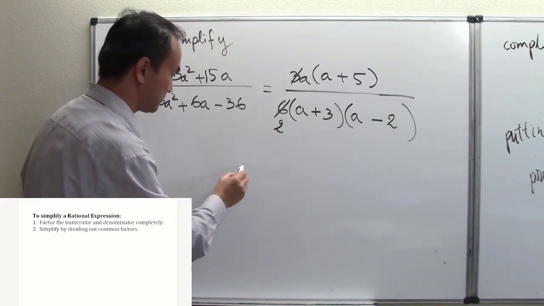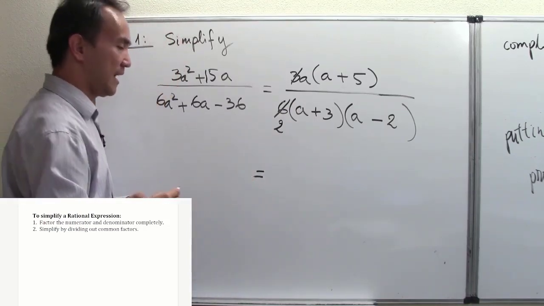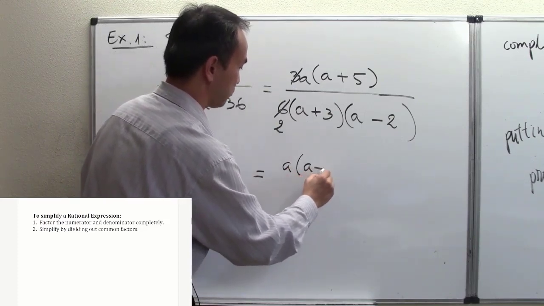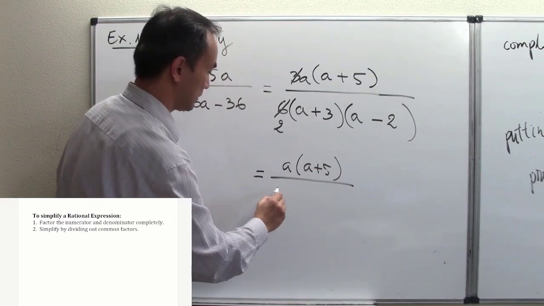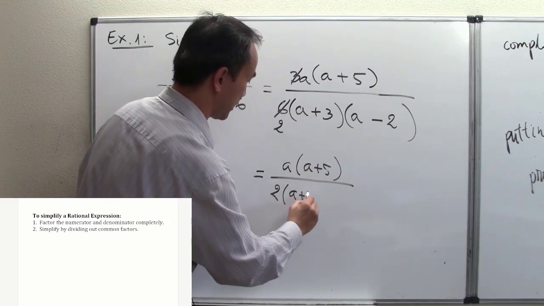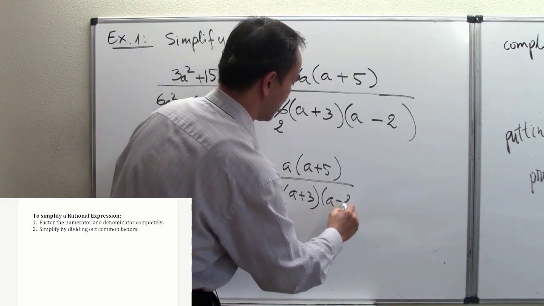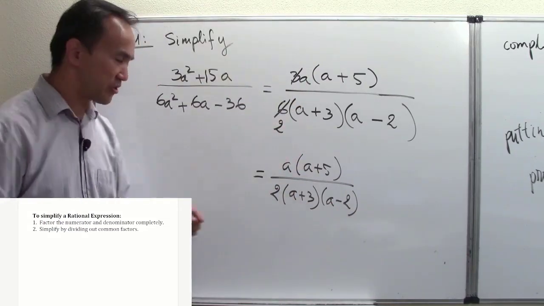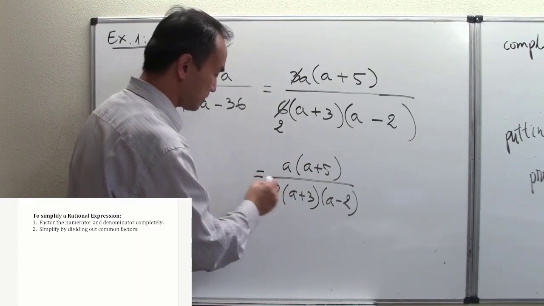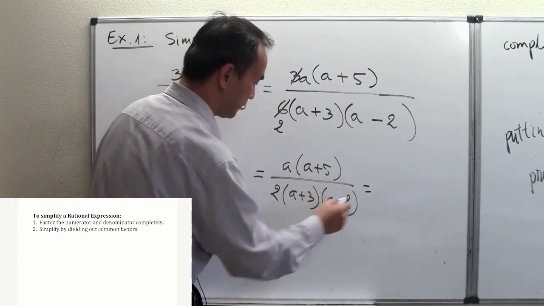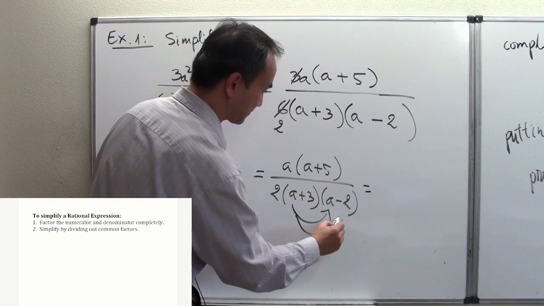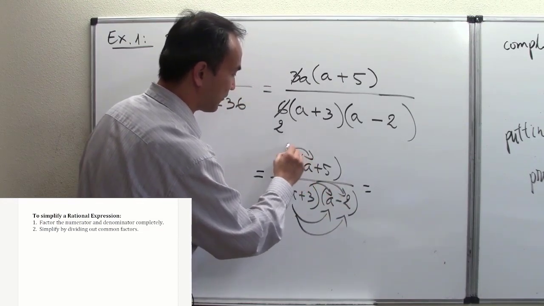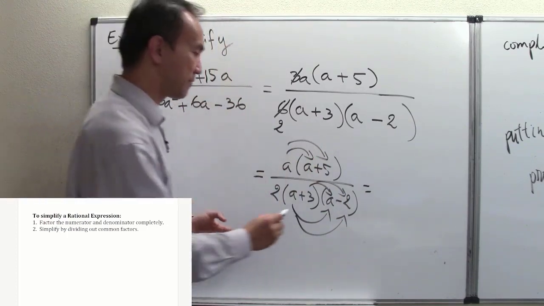And so now our simplified rational expression turns into a times a plus 5 over 2 times a plus 3 times a minus 2. All right, and this is our reduced rational expression. And you have your choice to FOIL out the expression here to arrive at the final expression.